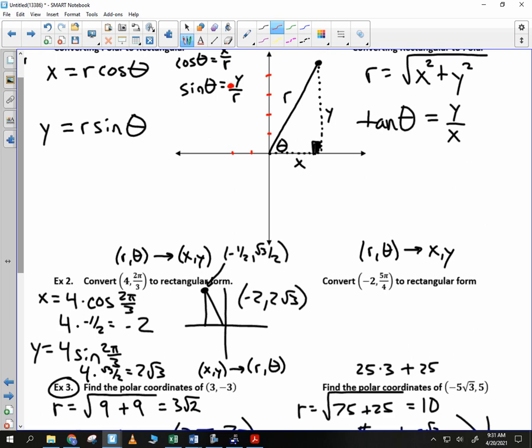Okay. So you tell me. Does that spot right there look like it has an angle of 2 pi over 3 or 120 degrees? It does. Does it look like it could be about 4 units from the center? Yeah, this is 4 right here. Looks like it, yeah, it works out pretty well. So you can check and verify your answers to some degree by plotting them and see if they look like they would be about the same.